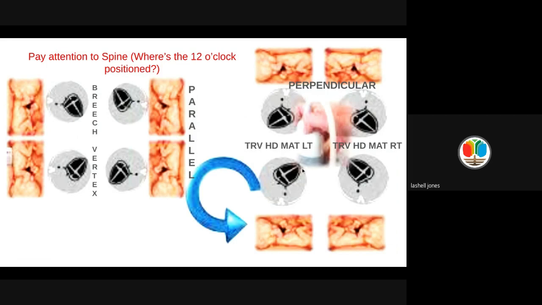And then our stomachs will be at 9 o'clock. Transverse head, maternal left, and our breech positions, 9 o'clock. Now in vertex, which you can see here, and transverse head, maternal right, you see there, the hearts are positioned at 5 o'clock. Heart apex is at 5. Your stomachs will be at 3.